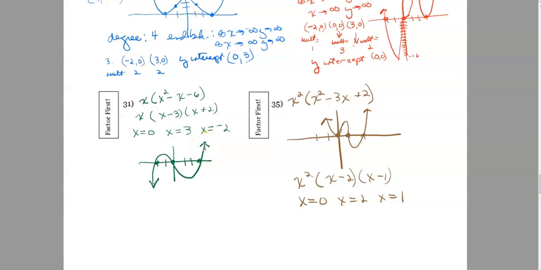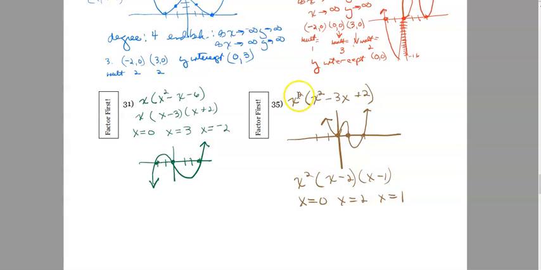As x goes to +infinity, y goes to +infinity. My y-intercept is going to be what? Well, if you plug in a 0 here, here, and here, you get 0 times -6, which is still 0. So that tells me if I have a factor of 0, look what happens every single time to my y-intercept. It becomes 0.